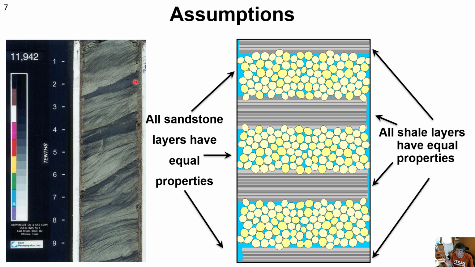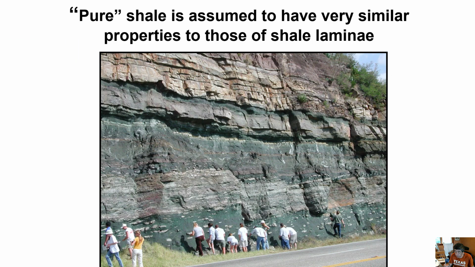Of course, this doesn't mean that all of these layers are going to be the same everywhere in depth, because at different depths you will have different shales, different properties of sandstone, and also different saturating fluids.